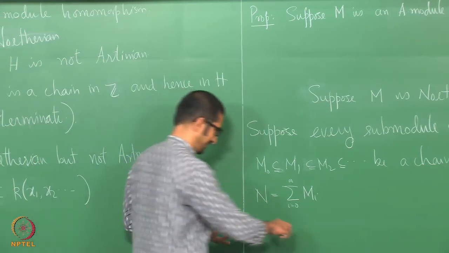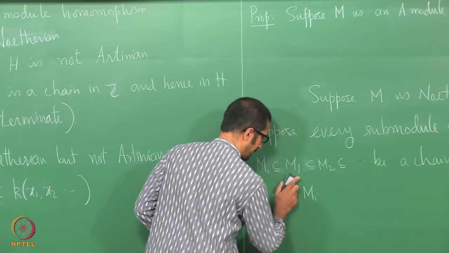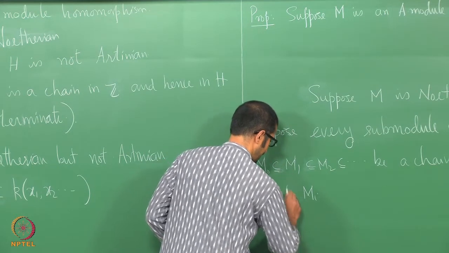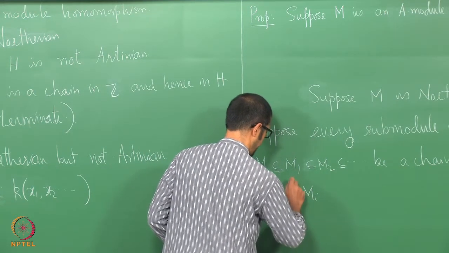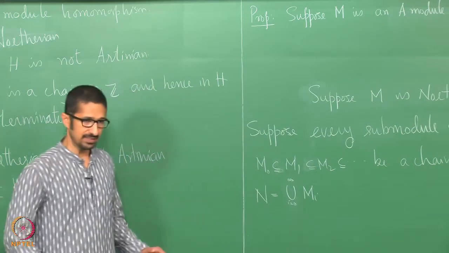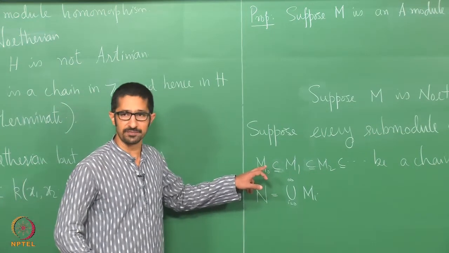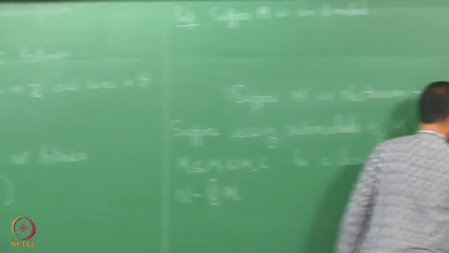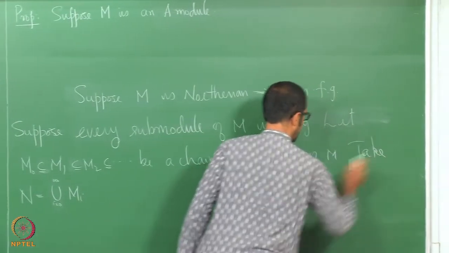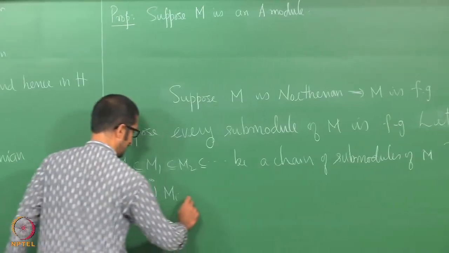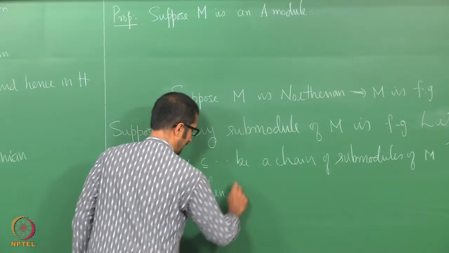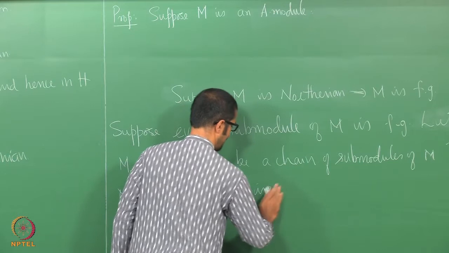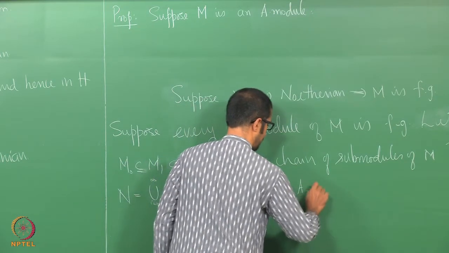It is a chain, so this is the same as the union as well. Then this is indeed a submodule. Take N to be this, then N is a submodule of M.